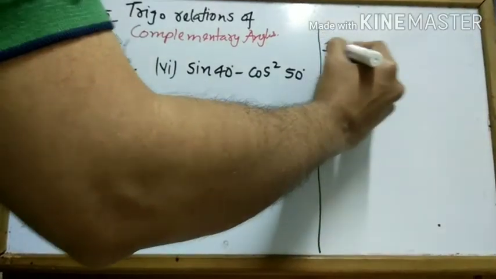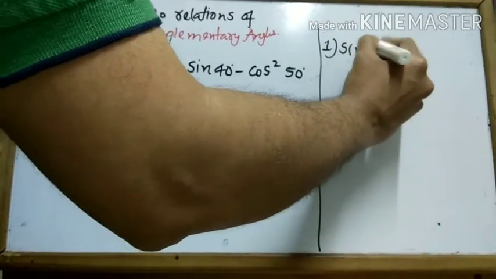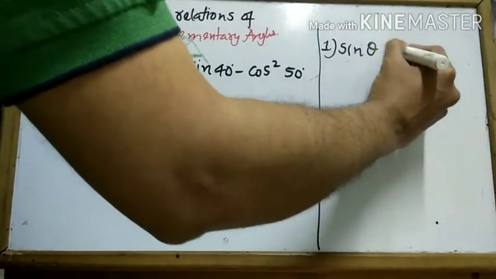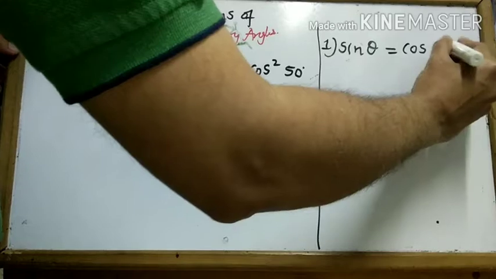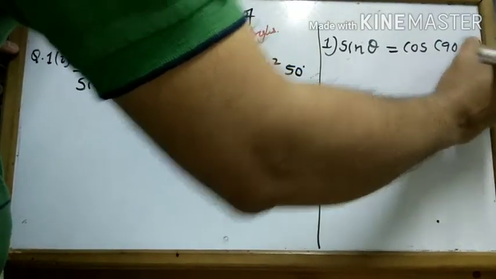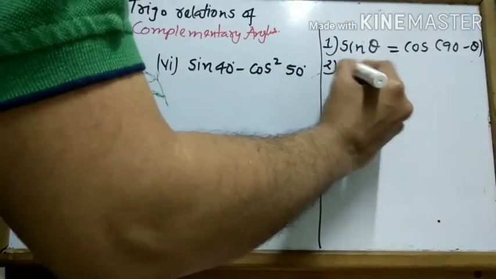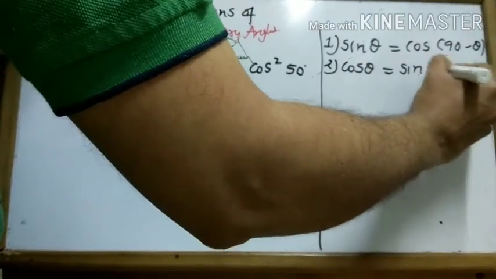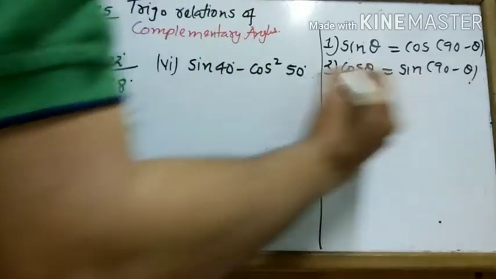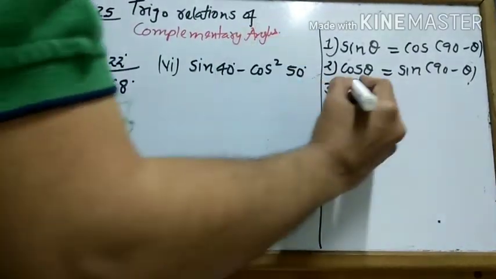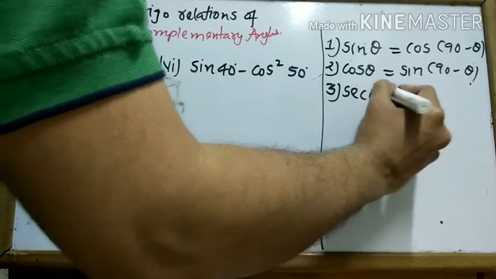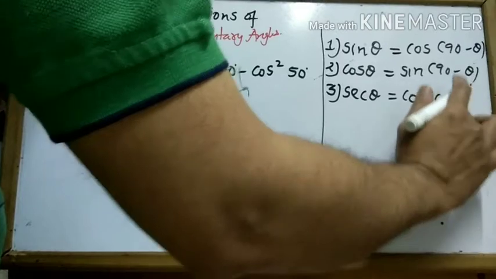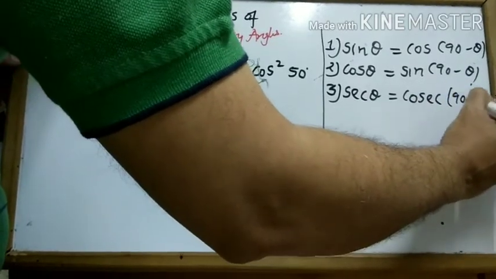If I have sine theta, its complementary angle will be 90 minus theta. It will be equal to cos 90 minus theta. If I take cos theta, then it will be sine 90 minus theta. If it is sec theta, then it will be equal to its complementary angle's cosec, that is cosec 90 minus theta.